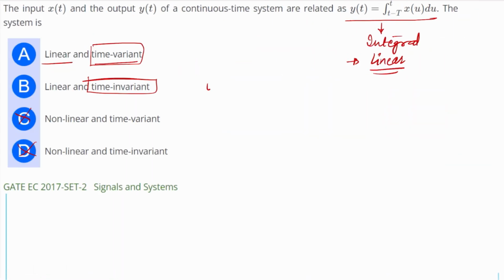So we have a signal like this: integral from minus infinity to t of x(u) du. First thing what we do is delay the output by t naught. Let me write it here only.